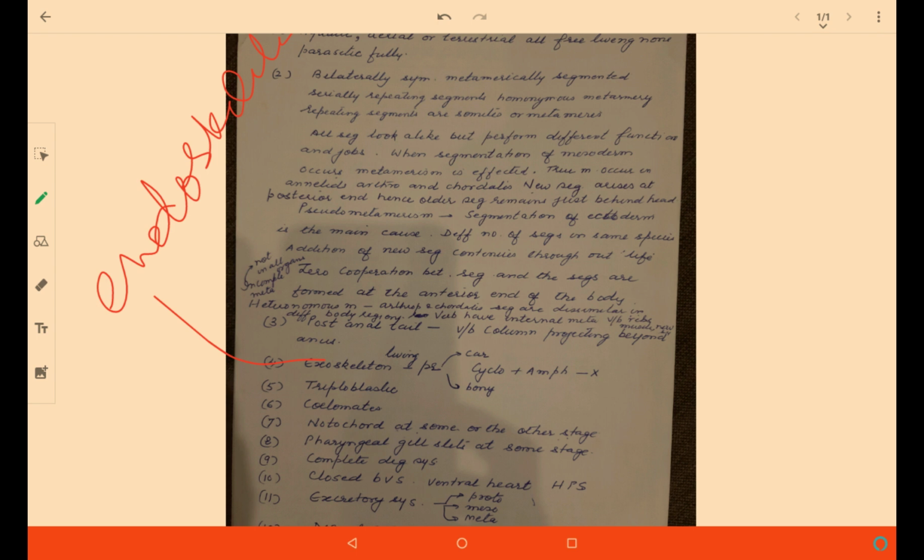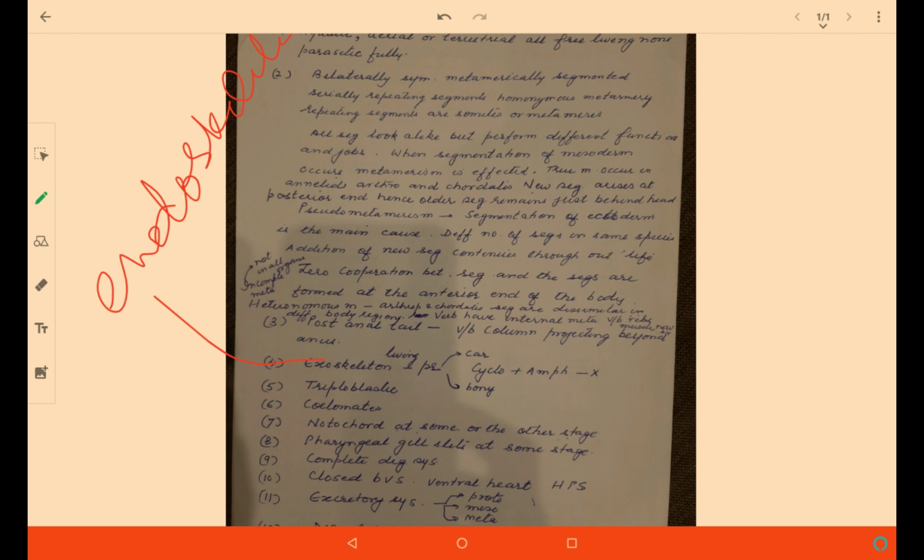We also had pharyngeal gill slits when we were in our embryonic life. The digestive system is complete, unlike some non-chordates which have incomplete digestive tract, the lower non-chordates especially.